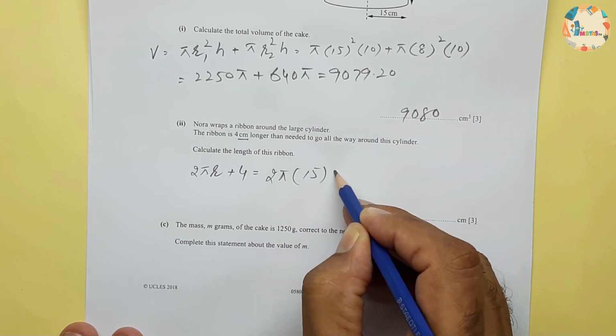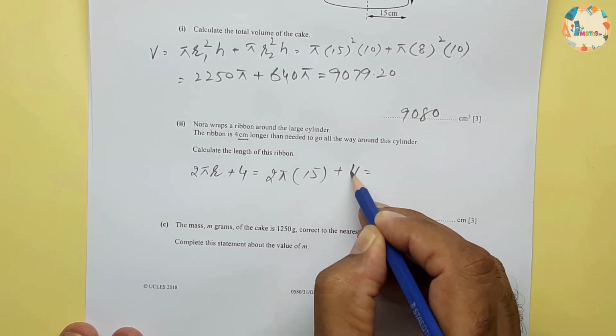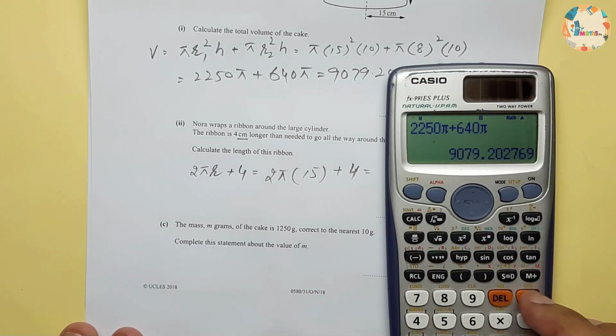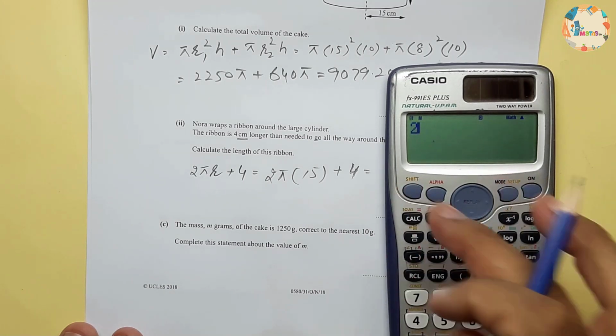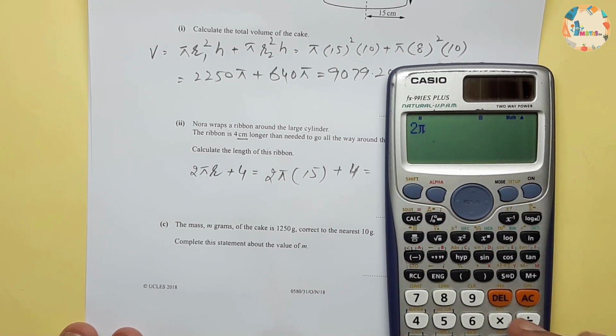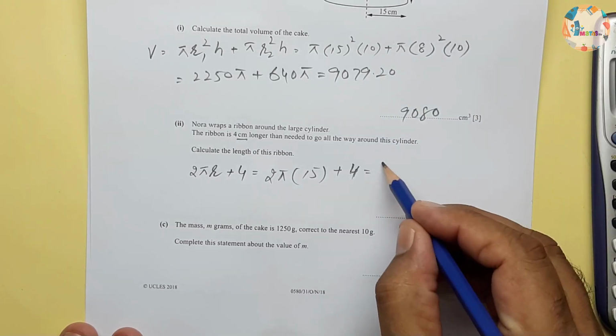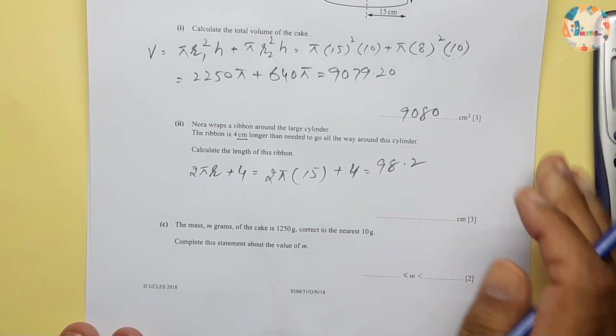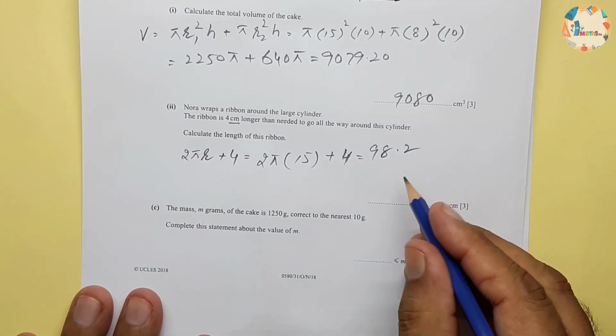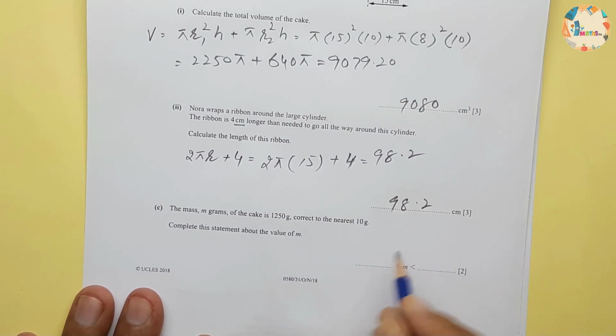We can calculate this with the calculator: 2 times pi multiplied by 15 plus 4, this will be equal to 98.2. So our answer will be 98.2 centimeters.